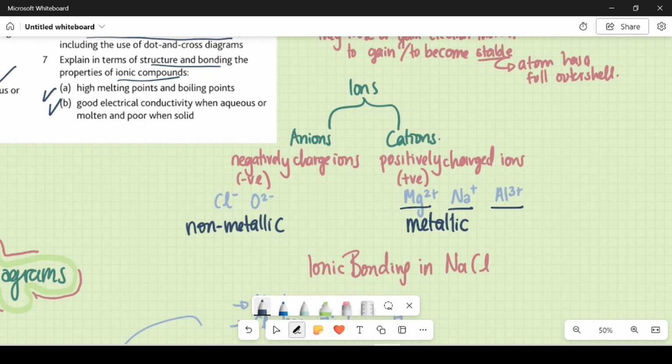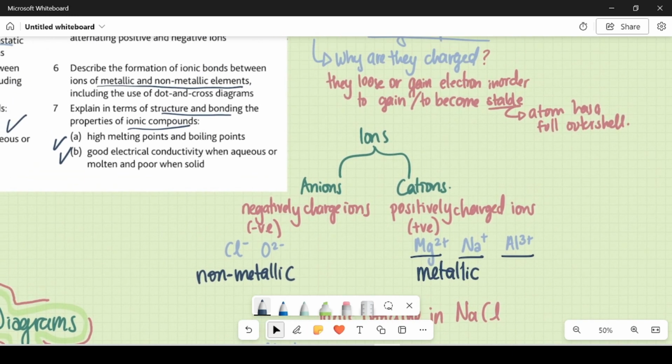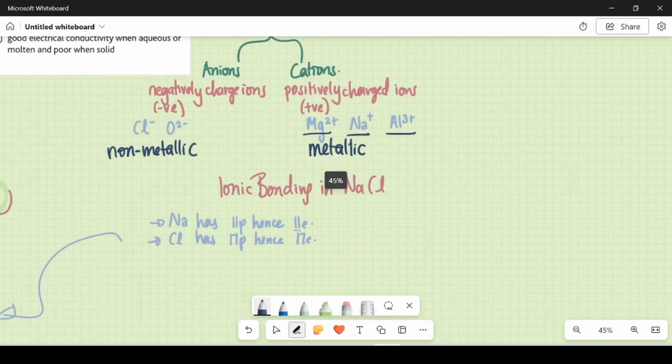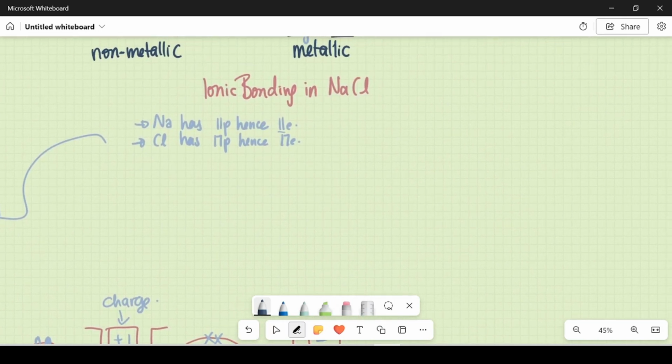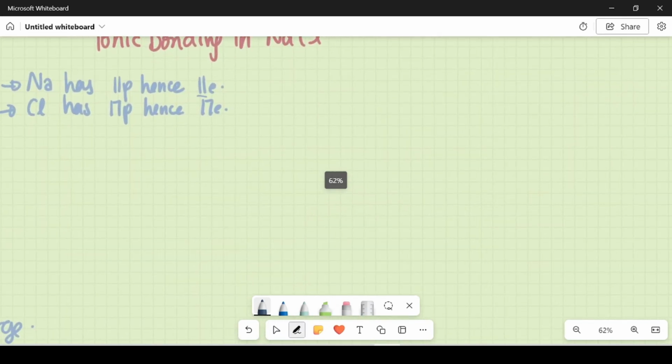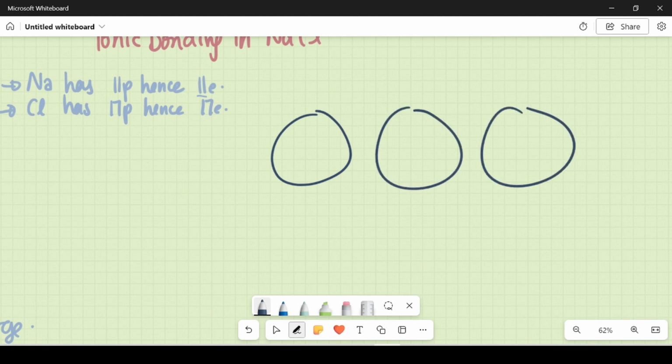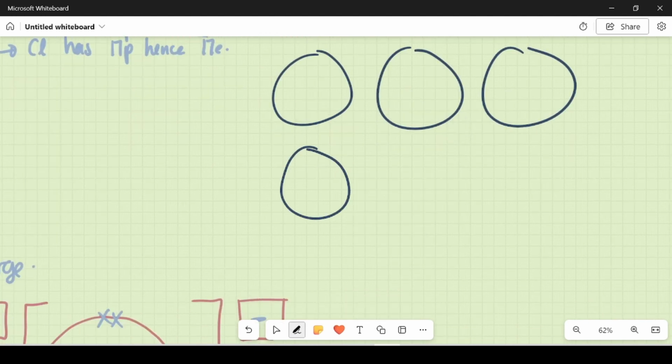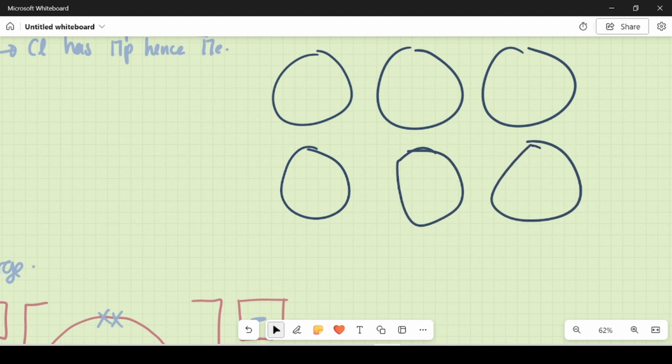All right. Now, do we want to talk a little bit about the giant ionic structure? Yes. So let's take sodium and chlorine, the same example. So I'm going to draw them. Excuse my circles.